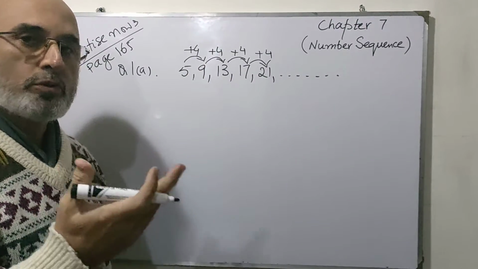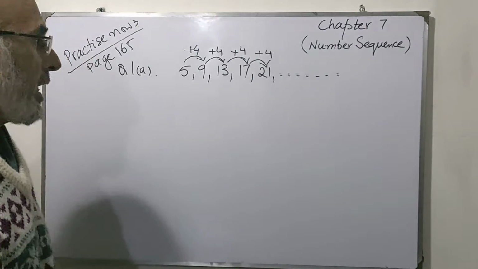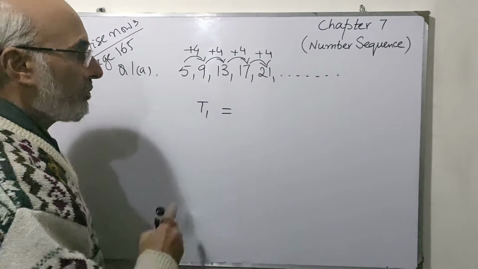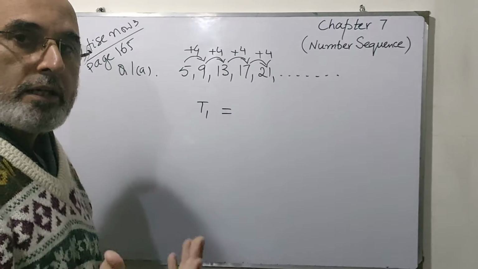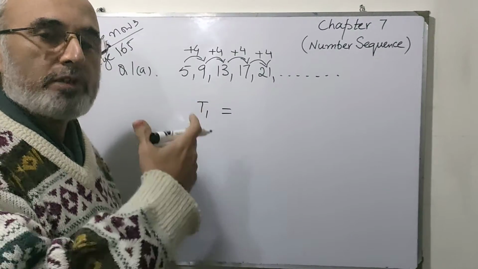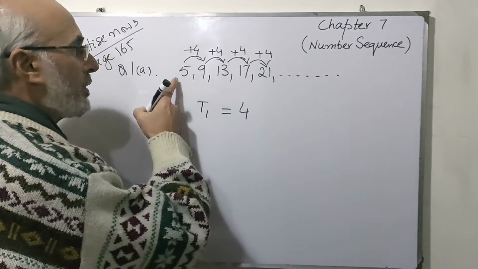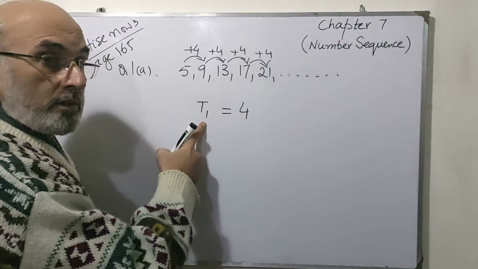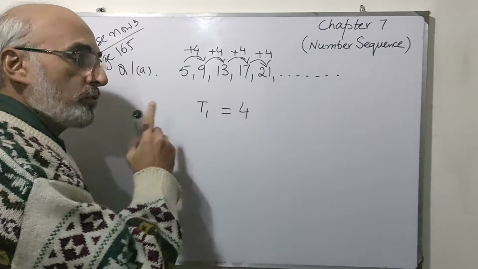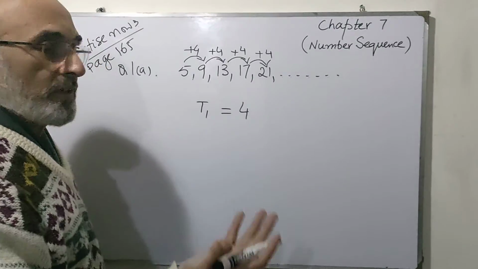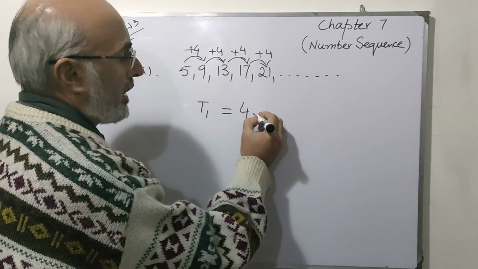And we are going to use this common difference. How to make a formula for the term T1? 4 into the position of the term T1, which is the first position, so 4 into 1.